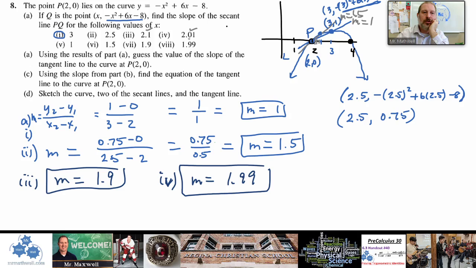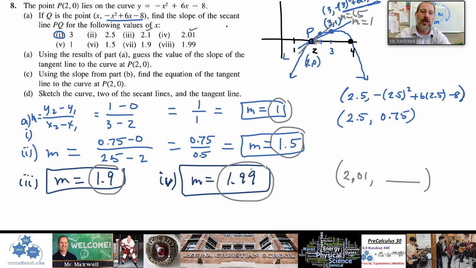And if you plug in 2.01, you're going to get a slope of 1.99. So here we see that the slopes are increasing, and they appear to be slowing down and approaching a certain value, don't they? The next one probably would be 1.999, getting closer to 2.